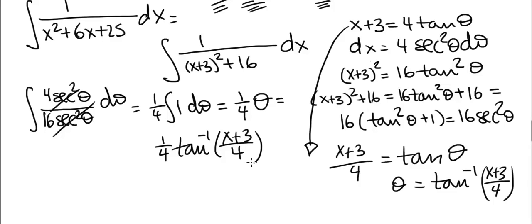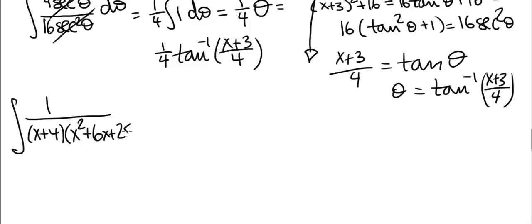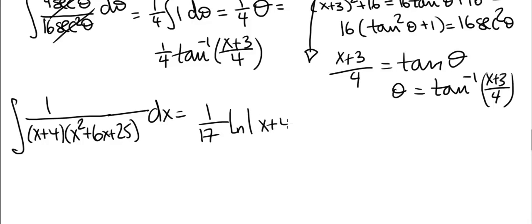Finally, let's put everything together for the final solution of this problem. We had the integral 1 divided by (x plus 4) times (x squared plus 6x plus 25) was equal to 1/17 natural log of absolute value of x plus 4, minus 1 divided by 34 natural log of x squared plus 6x plus 25.